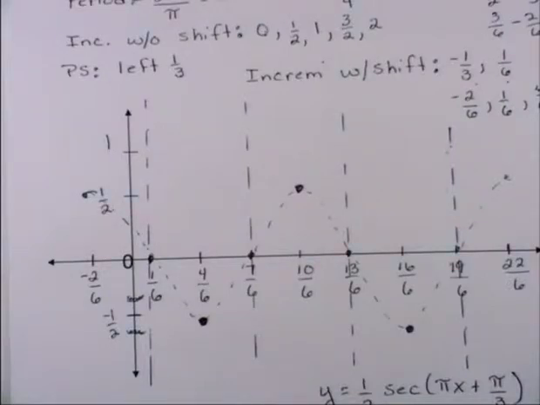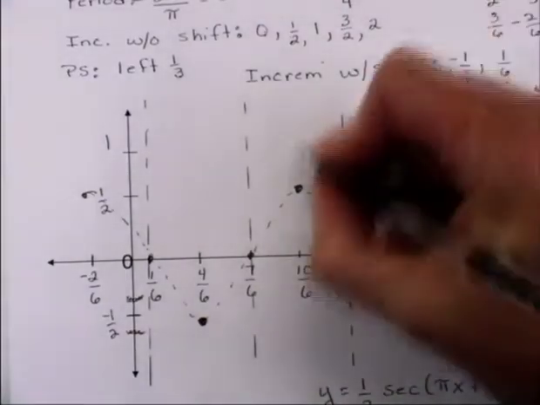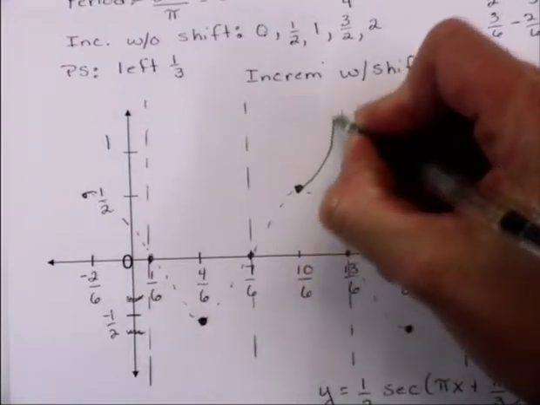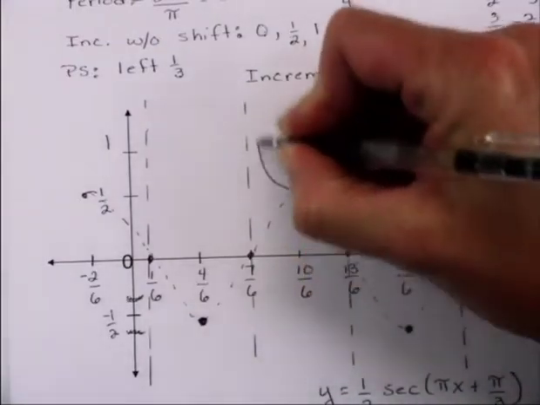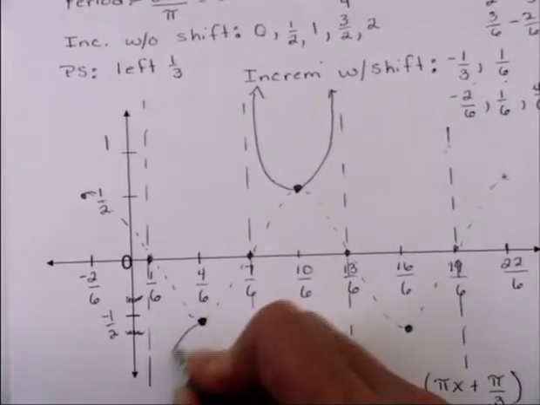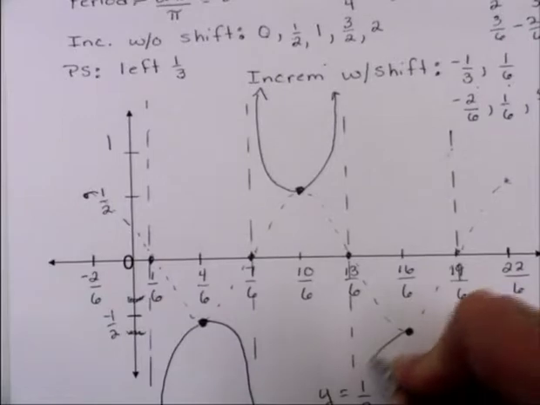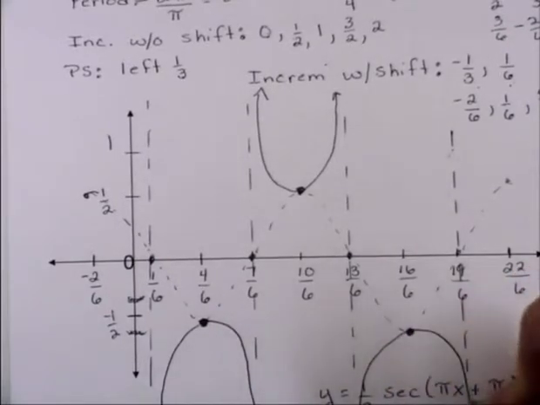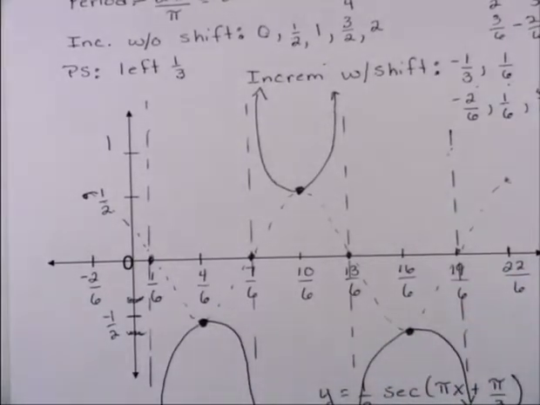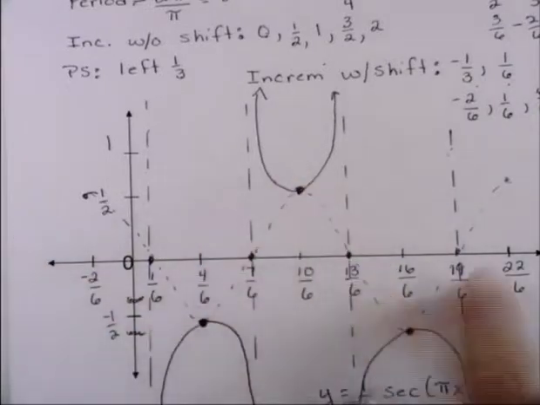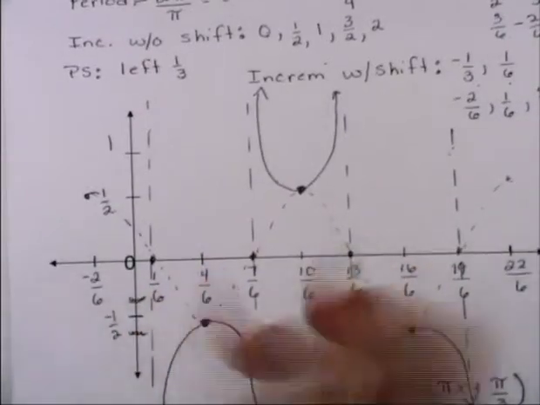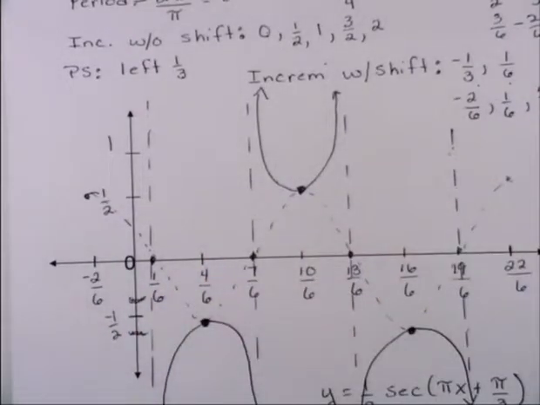So now all I have to do is use this as my vertex and follow my asymptote. And that's all there is to it. For secant and cosecant, graph their inverse functions first with a nice dotted line, and then just use those max and min points as your vertices, and you've got it.